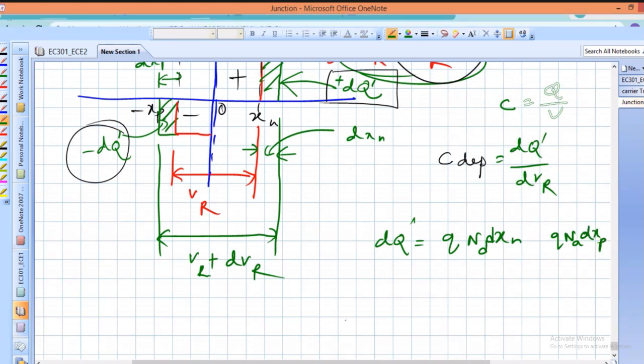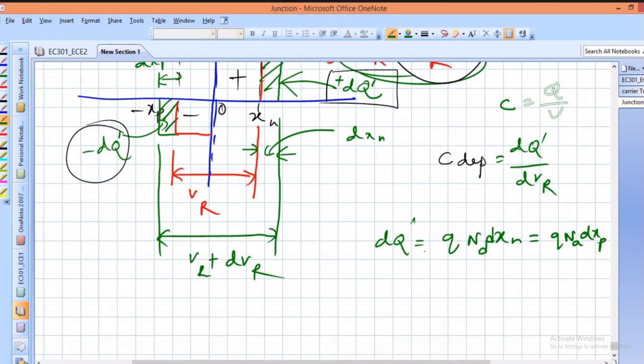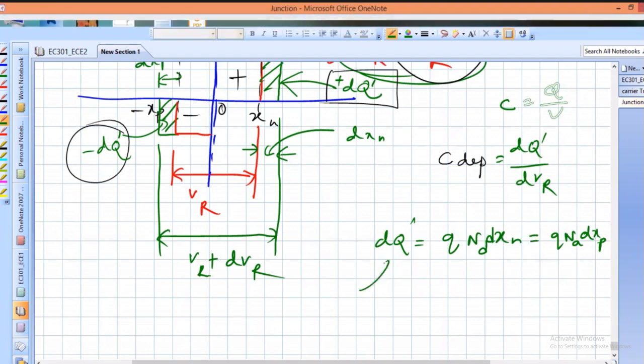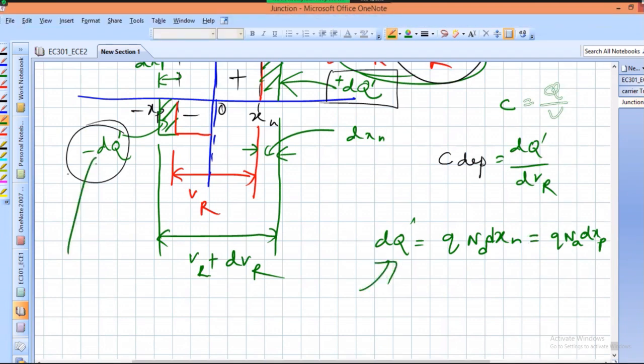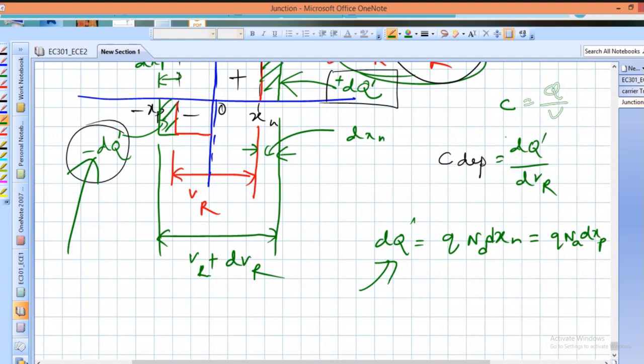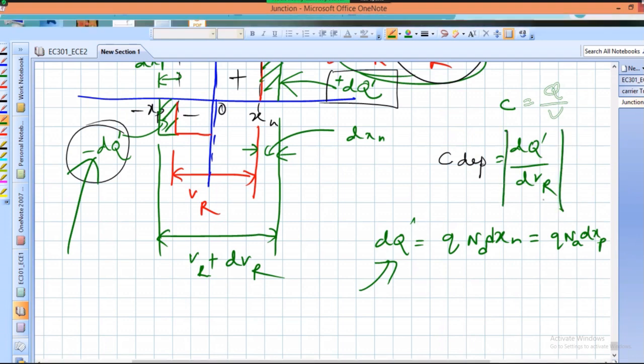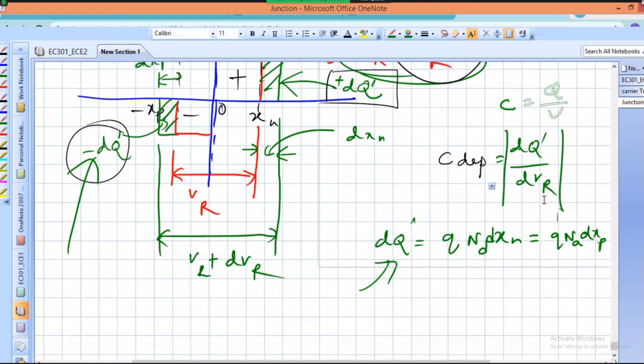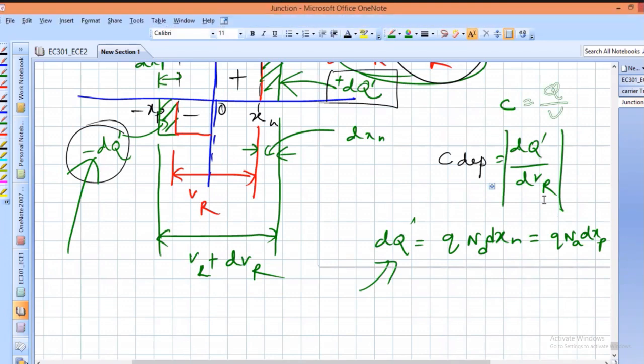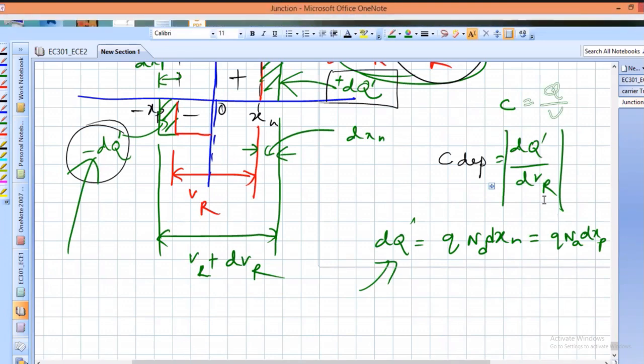This type of equation I already utilized in your previous classes. So for this increase in the volume charge density, this minus sign has no such meaning. It is present only because of the negatively charged acceptor. Here I concentrate on the magnitude, so I should write mod: mod of dq dash by dv. So dq dash is equal to q Nd dxn, which is equal to q Na dxp.